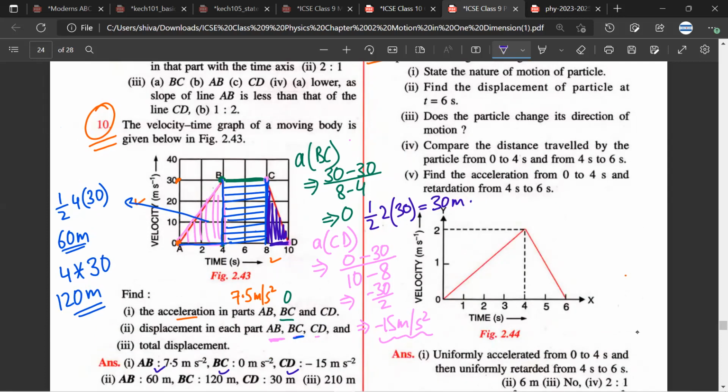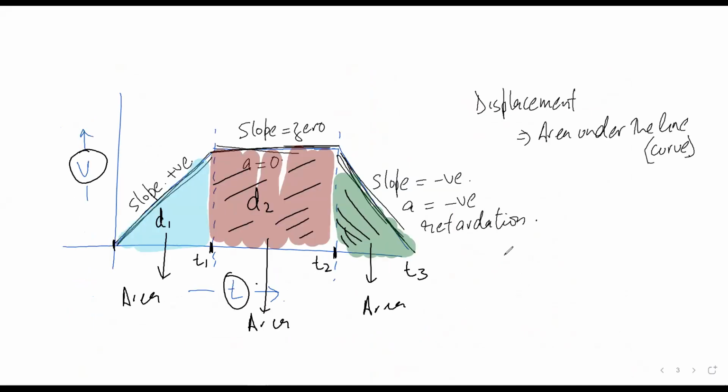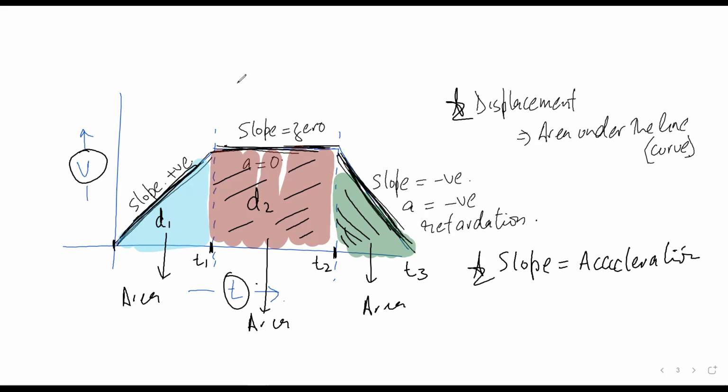So the two big things that we have learned are that if we are given a velocity time graph, the slope is acceleration and the area under the lines is the displacement. But you need to remember that this is true for a velocity time graph.